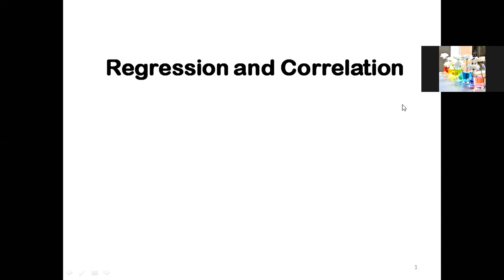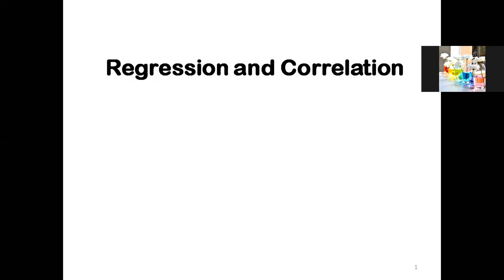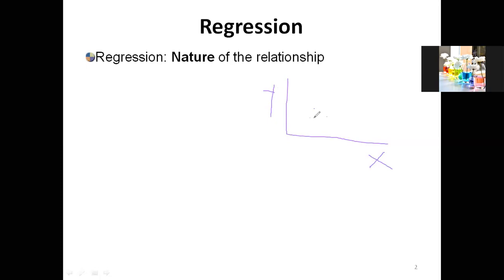Right, regression and correlation. That is the next topic. This is a slightly large topic. What is regression, first of all? First, we will understand what is regression. In regression, we try to develop a relationship, the nature of the relationship. When you talk about the nature of the relationship, let's say we have two variables, x and y. How are these variables distributed?